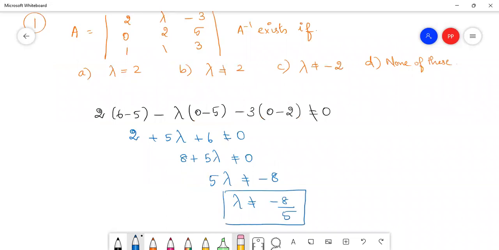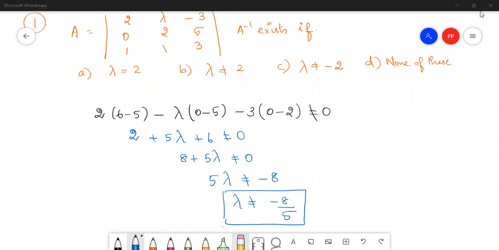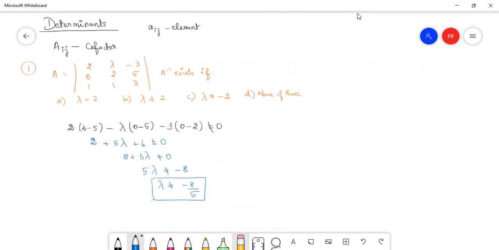This is the condition: lambda cannot be equal to minus 8 by 5. So D, none of these, is the answer for this question. So it is already an NCERT exemplar question. The determinant should be not equal to 0, which is how you have to do this problem.